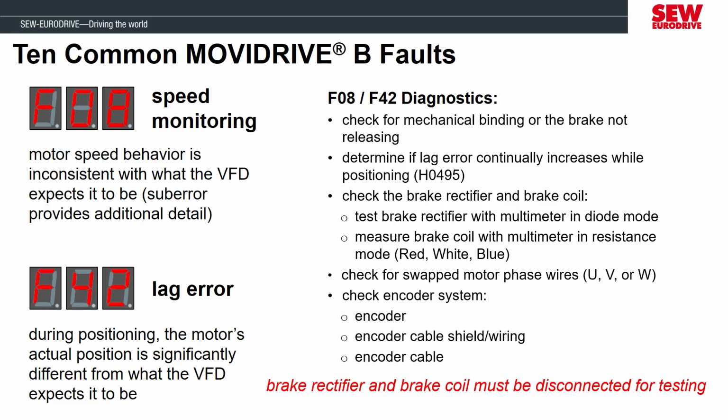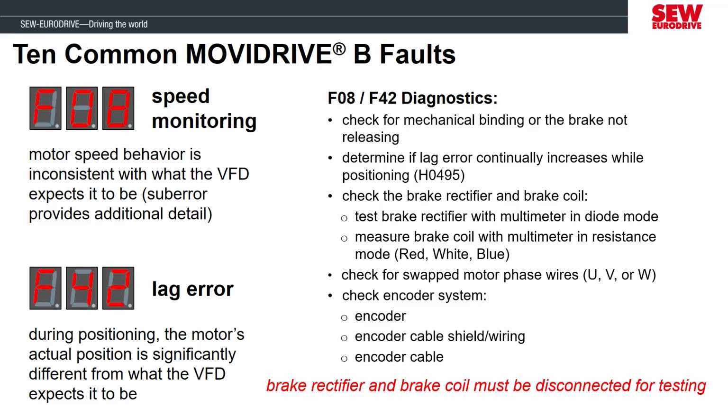If you have a positioning application, you can use the Scope tool and measure the lag error IPOS variable H495. If the lag error continually increases in the recording, that is indicative of a mechanical bind or the positioning scaling being incorrect.